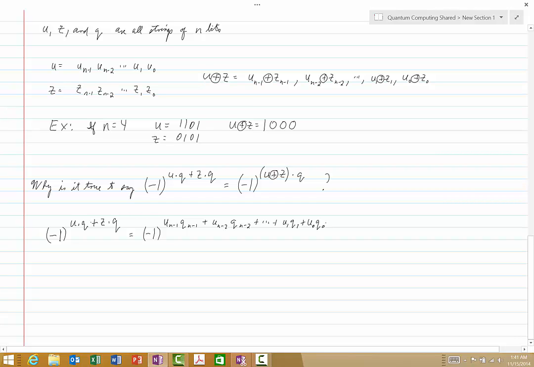Now that takes care of the U dot Q part, and then we also have to include the Z dot Q part. So plus z n minus 1 q n minus 1 plus z n minus 2 q n minus 2 plus, dot, dot, dot, plus z1 q1 plus z0 q0.